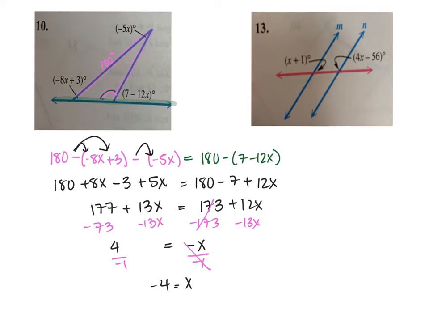All right, I'm not done yet, unfortunately. Sorry about this. I have to plug this number into each algebraic expression to find that angle. So when I do that, I plug in negative 4 into this here. I'll write it to the side: negative 8 times negative 4 plus 3. Let me grab my calculator here.